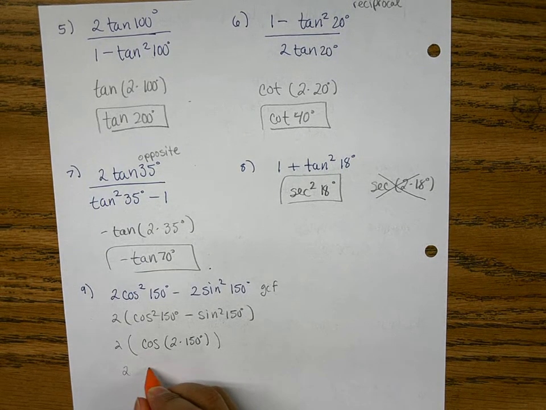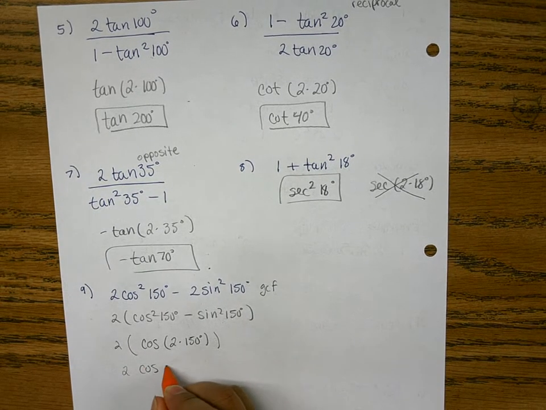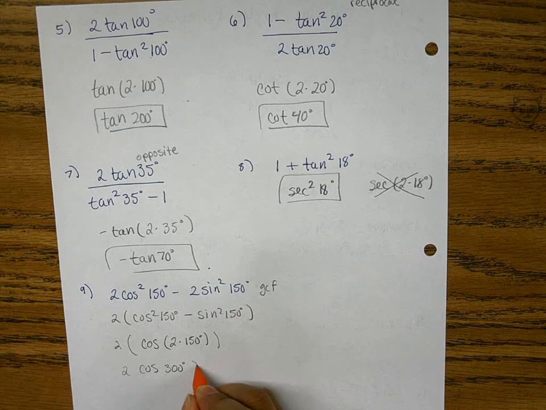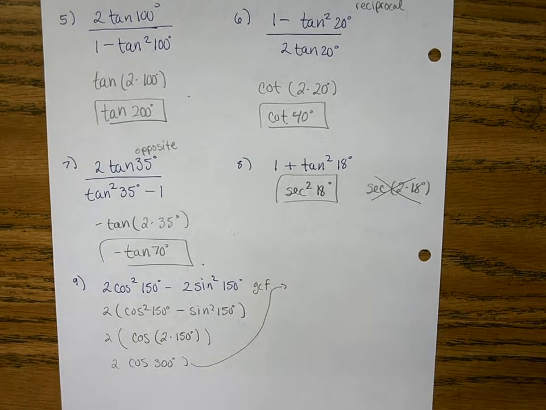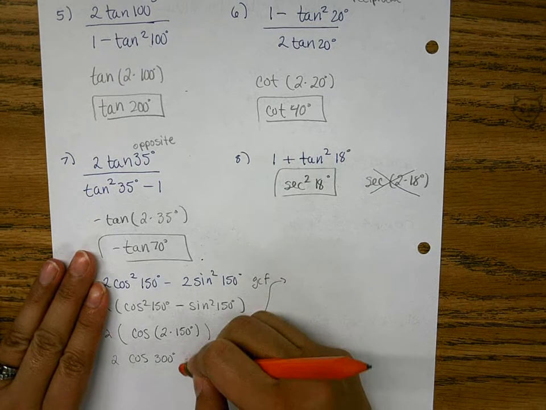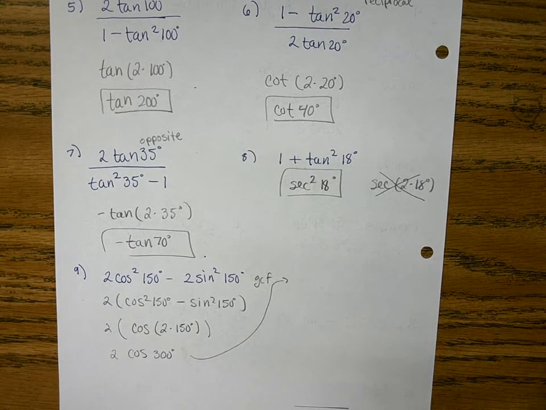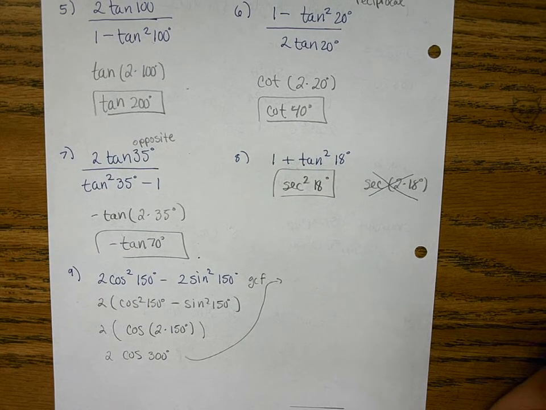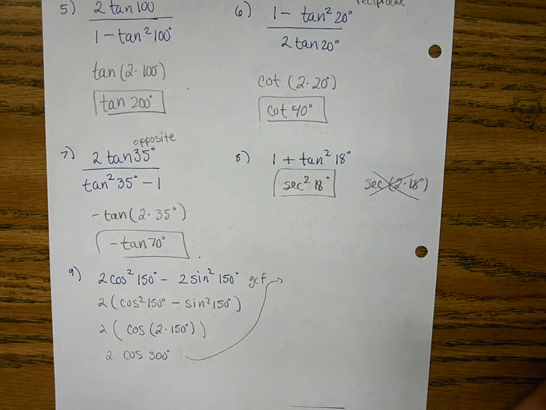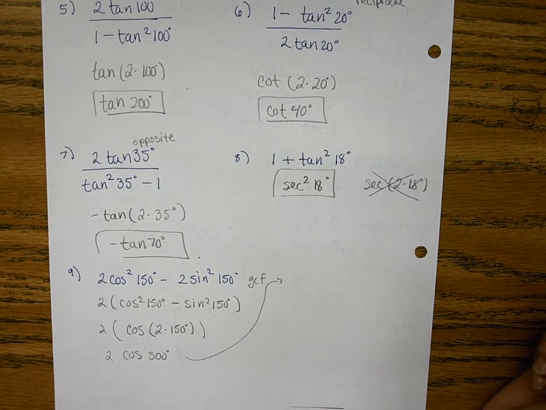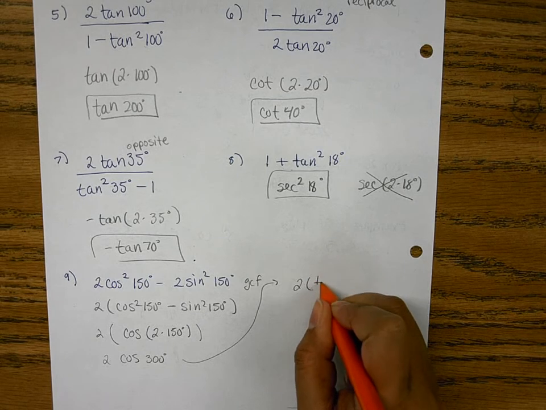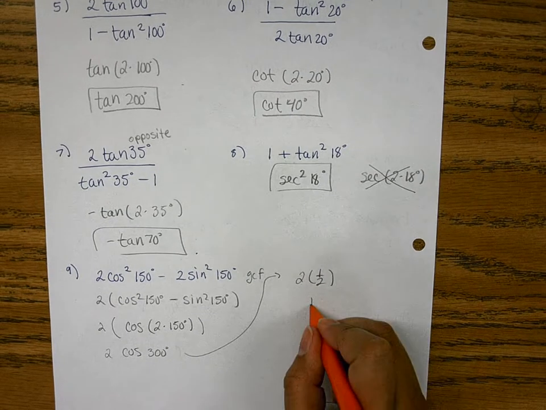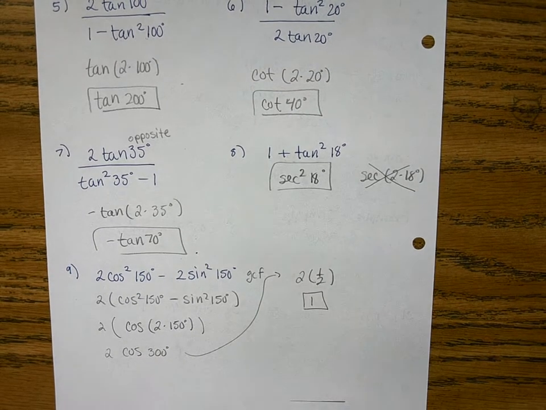So then I have 2 times cosine of 300. And 300 degrees is a special angle. It's 60 degrees in quadrant 4. And in quadrant 4, cosine is positive. So cosine of 300 is 1/2. So I have 2 times 1/2 equals 1.